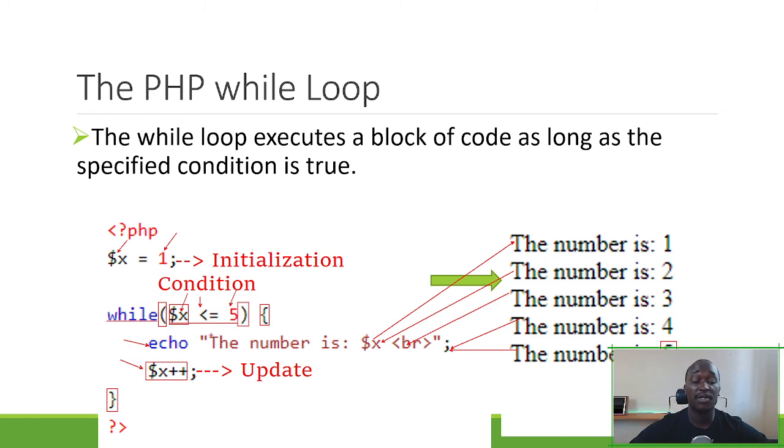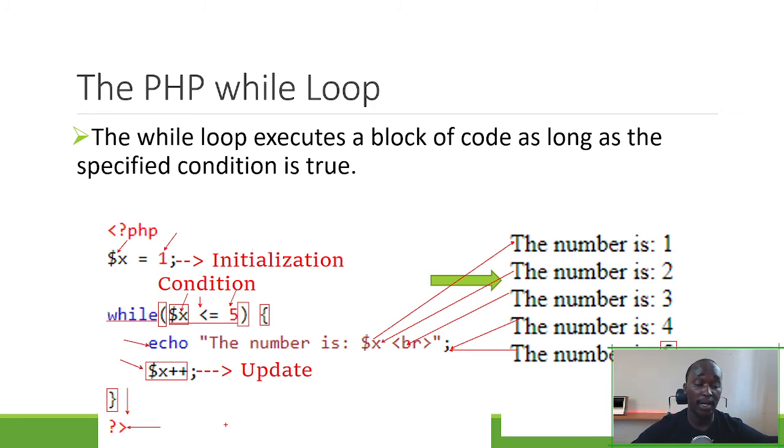It's going to evaluate to false. When it evaluates to false, it's not going to loop again or check the condition again. So it's the line after the closing bracket of the while loop that is going to be executed next. In this case, it's the closing PHP tag.